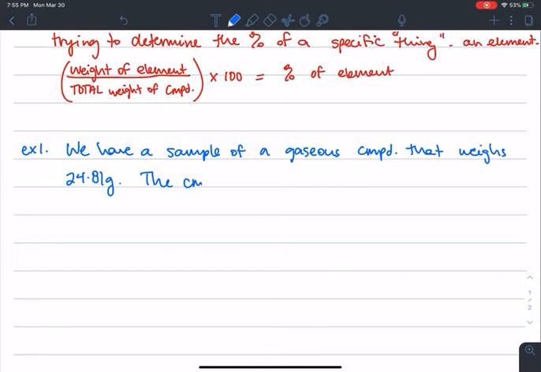The compound is composed of carbon, oxygen, and chlorine.